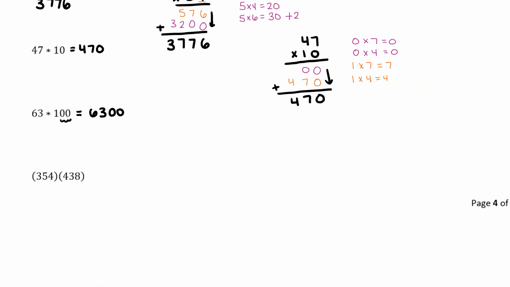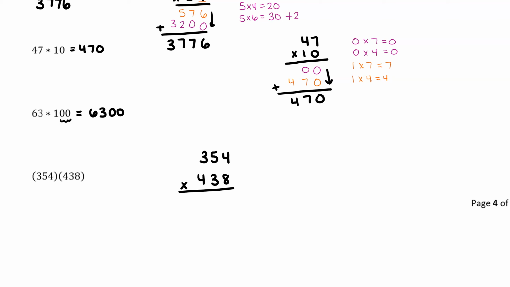Let's try another one. 354 times 438. So these numbers look big and they look intimidating, but the process is going to stay the same.